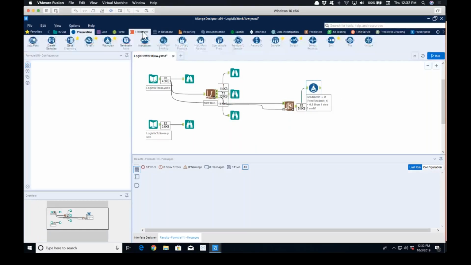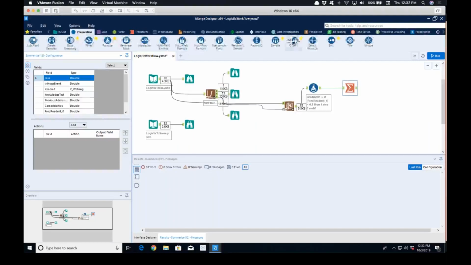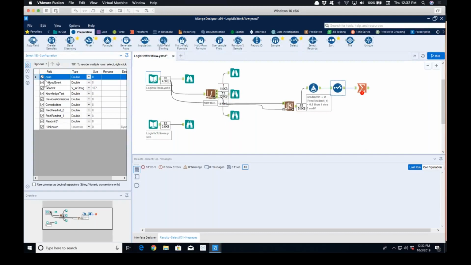So what I'm going to do is add a transform tool here, a summarize. Actually, before I do that, I'm going to do a select just to make things a whole lot easier for us. All we're going to keep is whether or not they're readmitted, and then this 0, 1 that we have on there.